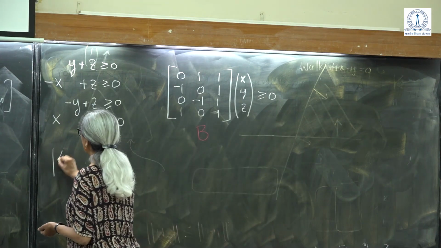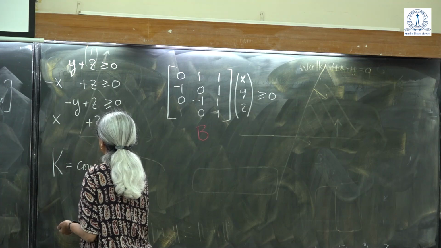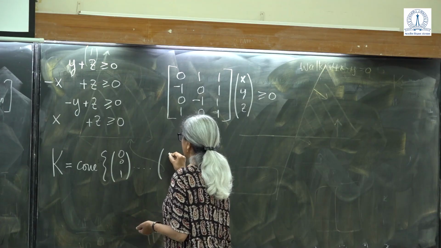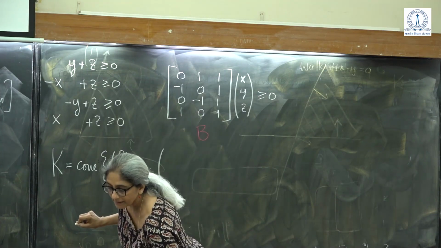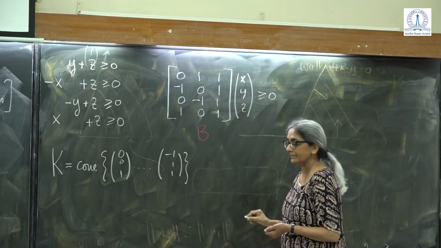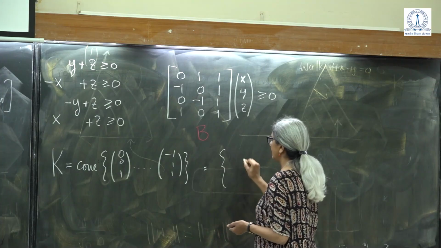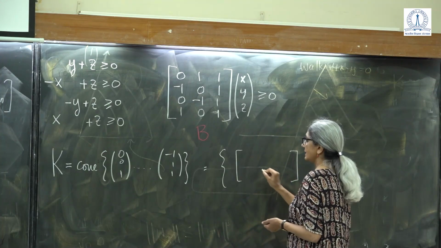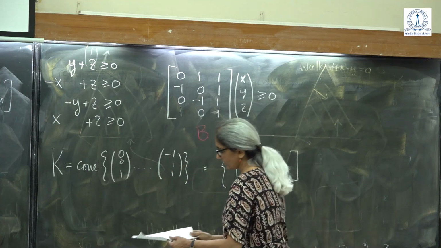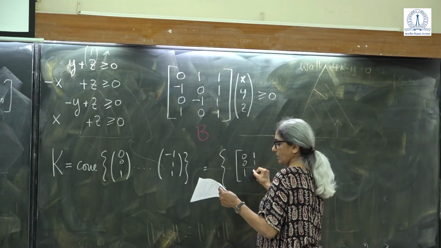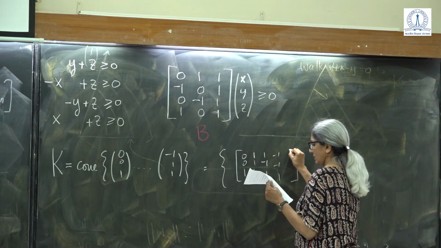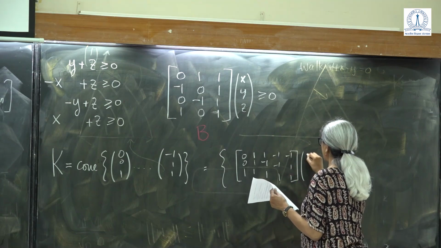Originally the cone started as the cone spanned by 0, 0, 1, and so on, up to what was it last? Minus 1, 1, 1. This is how it's given. If we wrote this the way we were writing before, I'm making column combinations of all these vectors: 0, 0, 1, 1, 1, 1, 1, minus 1, 1, minus 1, minus 1, 1, minus 1, 1, 1, and then multiplying by x, y, z.